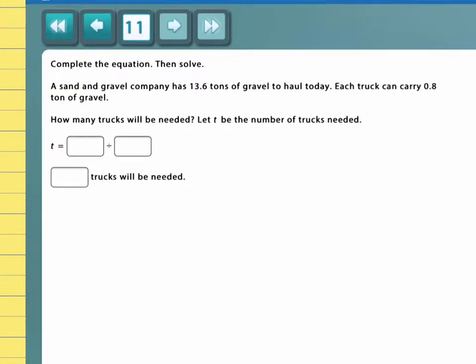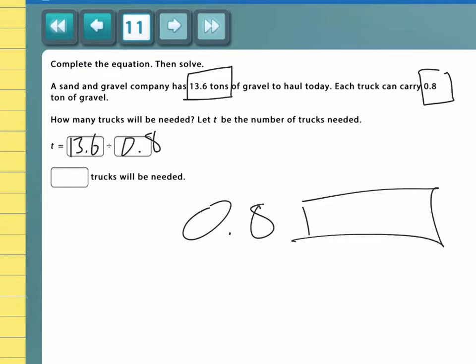So setting up the problem, if there's 13.6 tons and each truck carries 8/10 of a ton, how many trucks will you need? Well, the total, your dividend, is 13.6, and your divisor is going to be 0.8. So let's set that up here, 0.8 divided into 13.6.